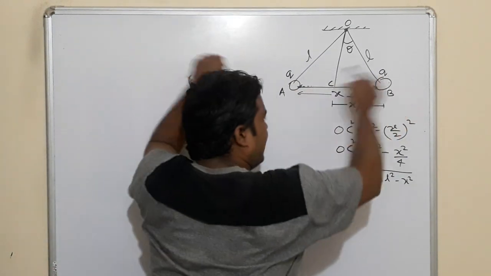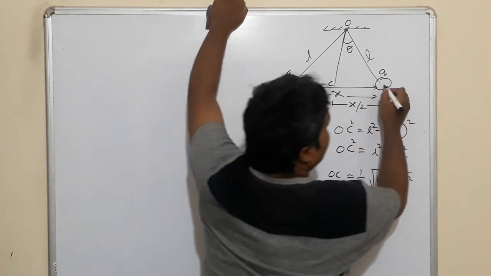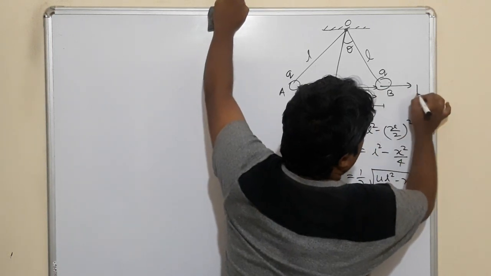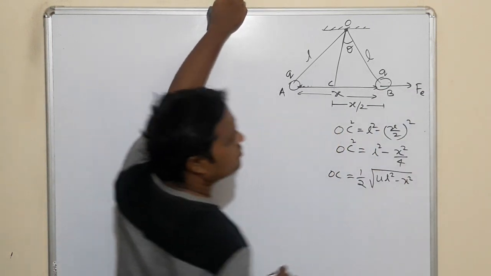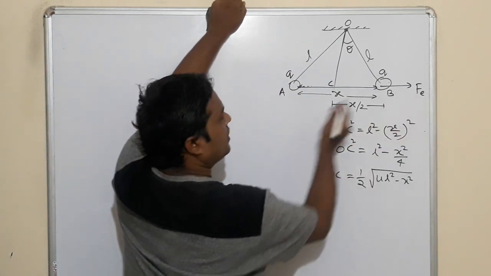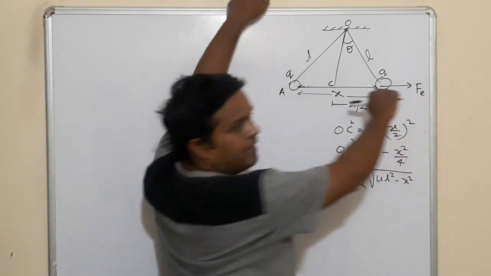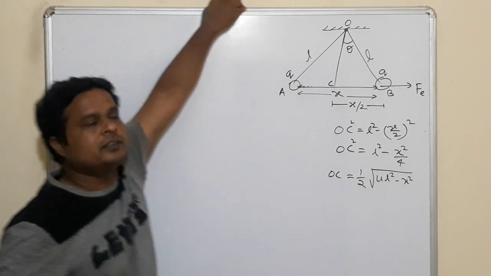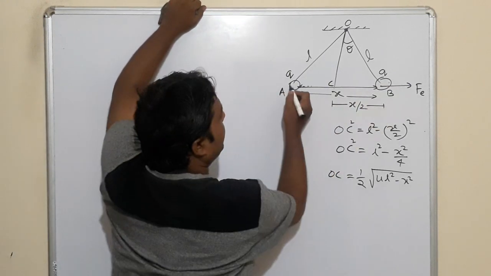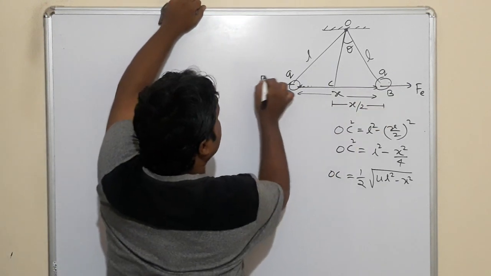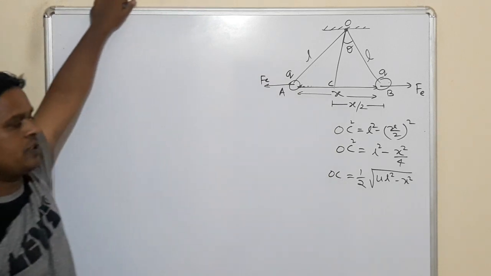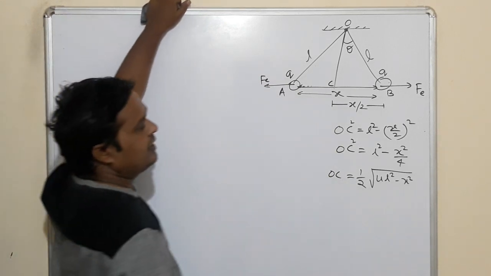They are repelling each other. That means this is the direction of Coulomb's electrostatic force. This sphere will repel like this along this direction, and this sphere will repel like this along this direction. This is the Coulomb's electrostatic force, one force acting.